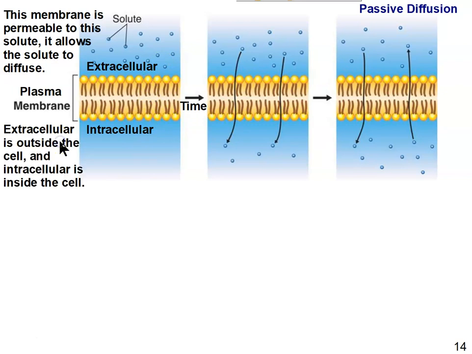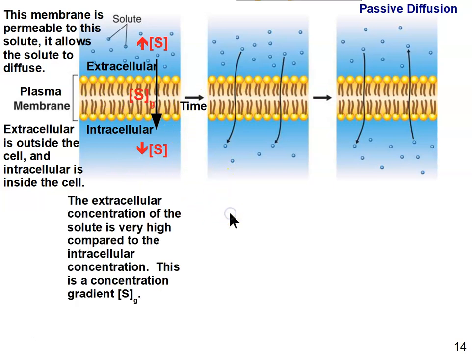So this is just defining extracellular and intracellular. What we've got is a high concentration of solute, S for solute, outside and a relatively low concentration of solute inside. And you know what that means. That means we have a concentration gradient of solute from outside to inside. As time passes, because the membrane is permeable to the solute, it will begin to diffuse across the membrane and pass from the extracellular environment to the intracellular environment.